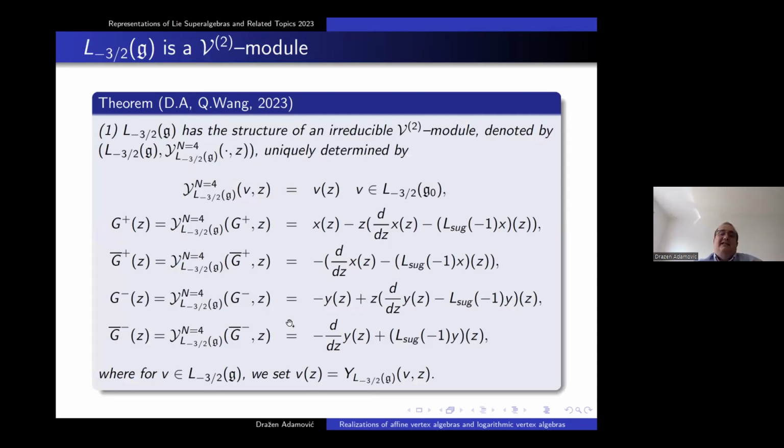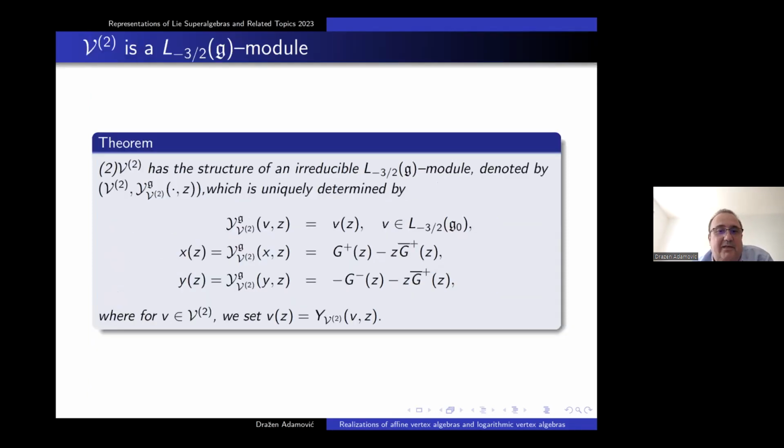So we have a complete formula. Our duality gives a complete formula for the relation between OSP and this N equals 4 algebra.